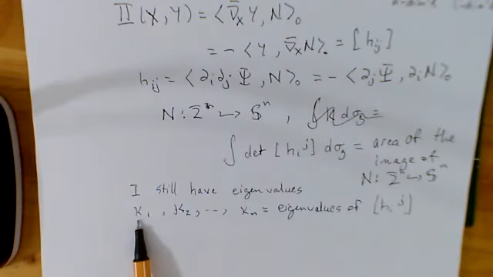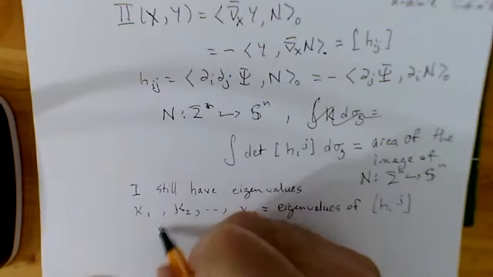So for instance, this is going to be the least possible curvature of a curve I obtained by slicing my surface with an orthogonal 2-plane, and this is going to be the largest such curvature.